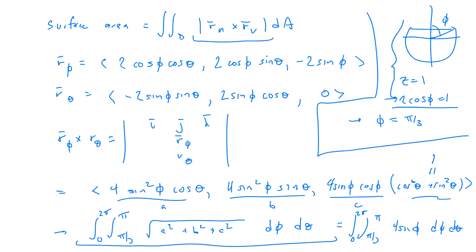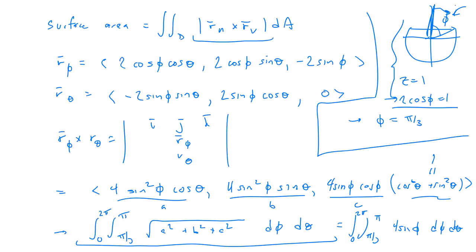So the reason that the top limit is pi is, remember, phi is measuring from the positive z-axis. So we're measuring down this way. We hit the sphere at first at z equals 1. So that's why the bottom limit is pi over 3. And remember, we're going down from both sides at once.